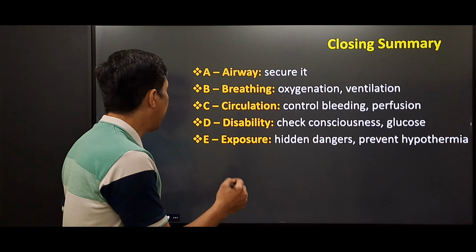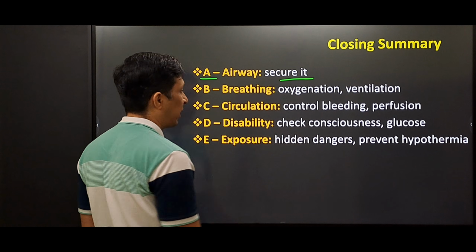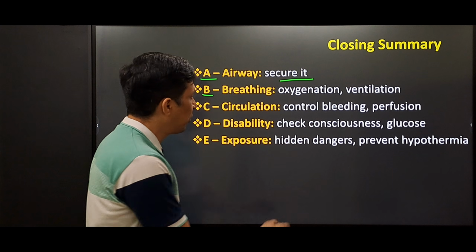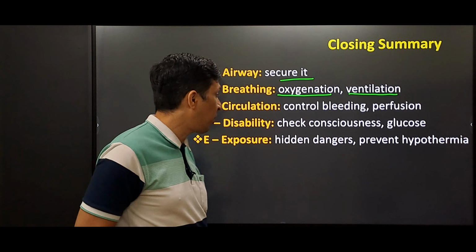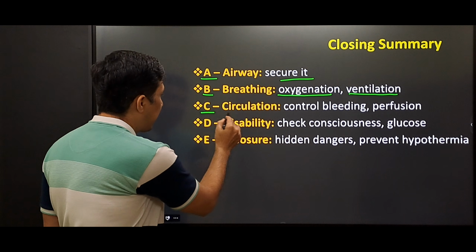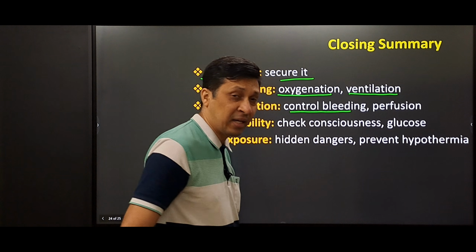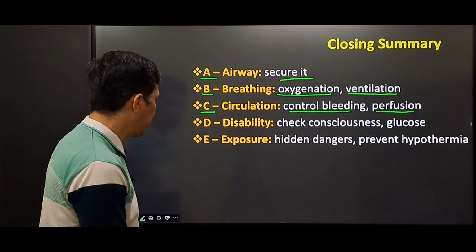So in summary, A stands for airway and you have to secure it. B stands for breathing, and here you have to see if the oxygenation and ventilation is proper or not. C stands for circulation, and you have to control bleeding and see if there is proper perfusion of all the tissues.